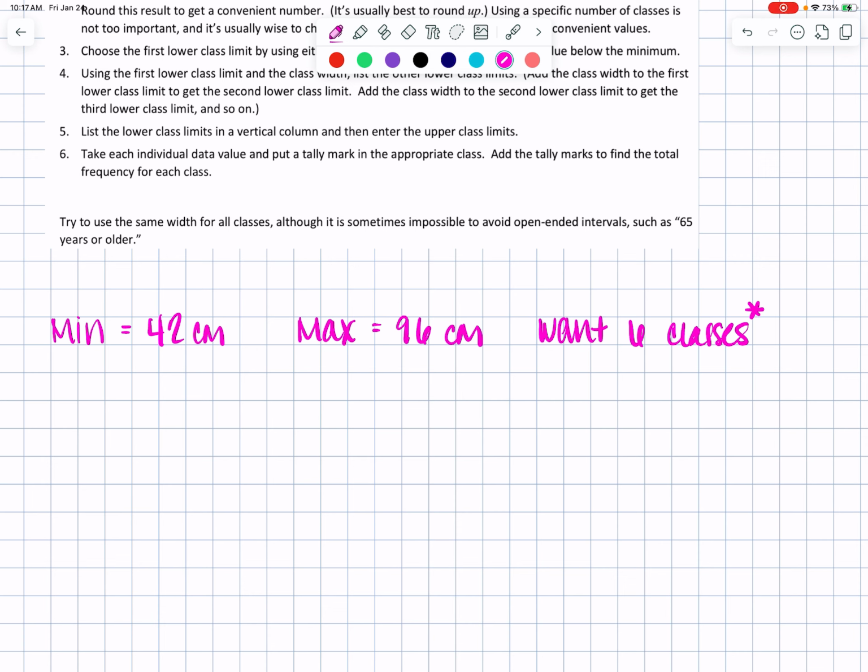So for constructing my frequency table, I need the class width. And I'm going to find that by doing the maximum minus the minimum divided by the number of classes I'm shooting for.